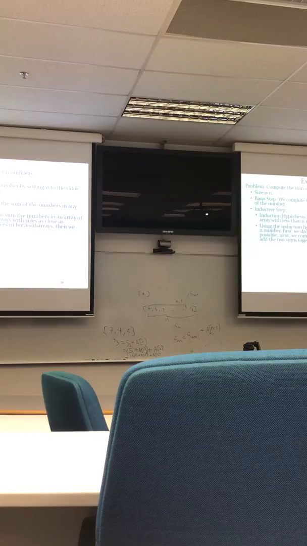The smaller size problem in this case is with just one number. We just add it to a number, but we form a slightly different inductive step here. So we assume that we know how to compute the sum of numbers in the array with less than n numbers. Anything less than n number we know how to compute.